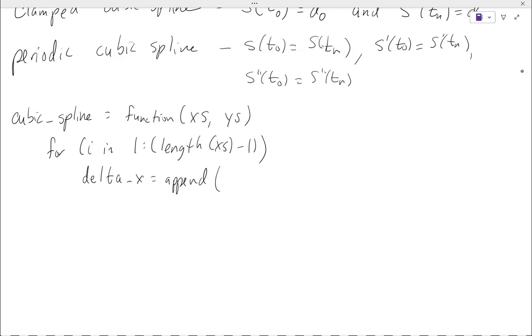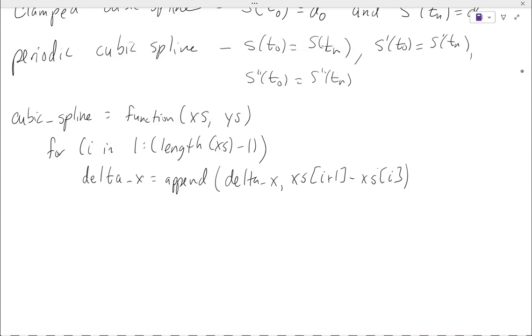What do I need to append onto that delta? Okay, yeah, so I need to do the next x value minus the previous x value, right? So probably I'll want to do x sub s of I plus 1 minus x sub s of I, the way I have it written, right?